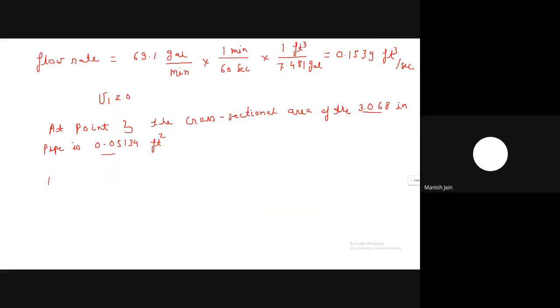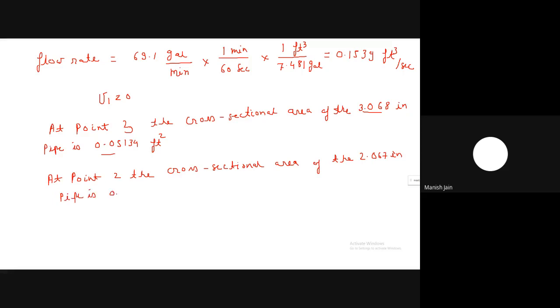At point 2, the area of the 2.067 inch pipe is pi d square by 4.